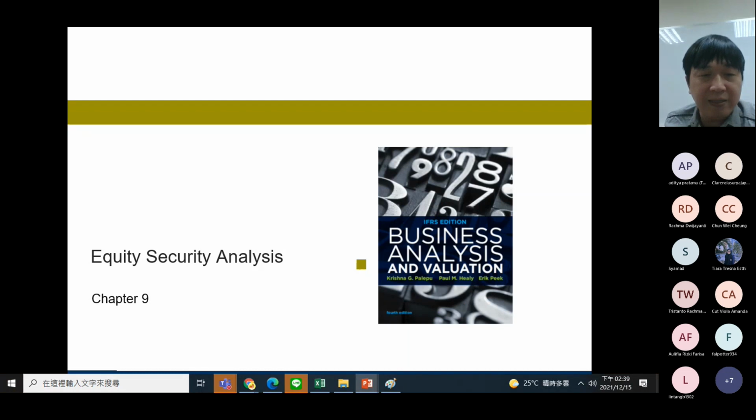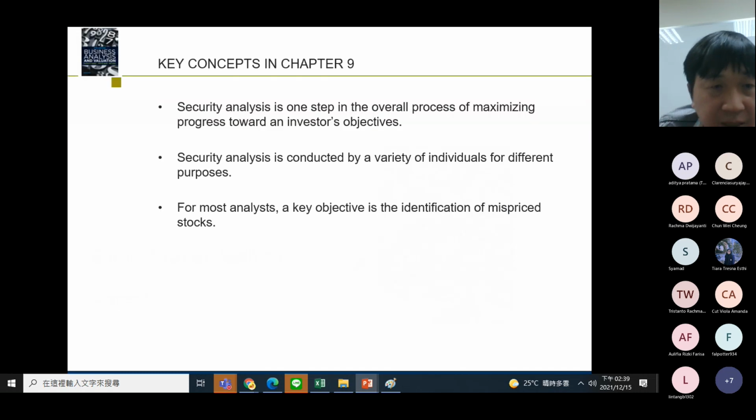Chapter 9 is the application of the earlier chapters, applied to equity security analysis.